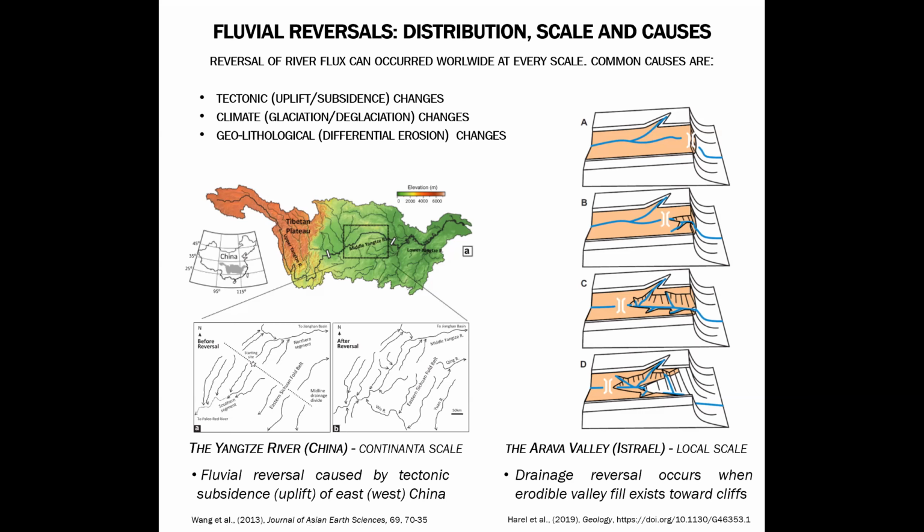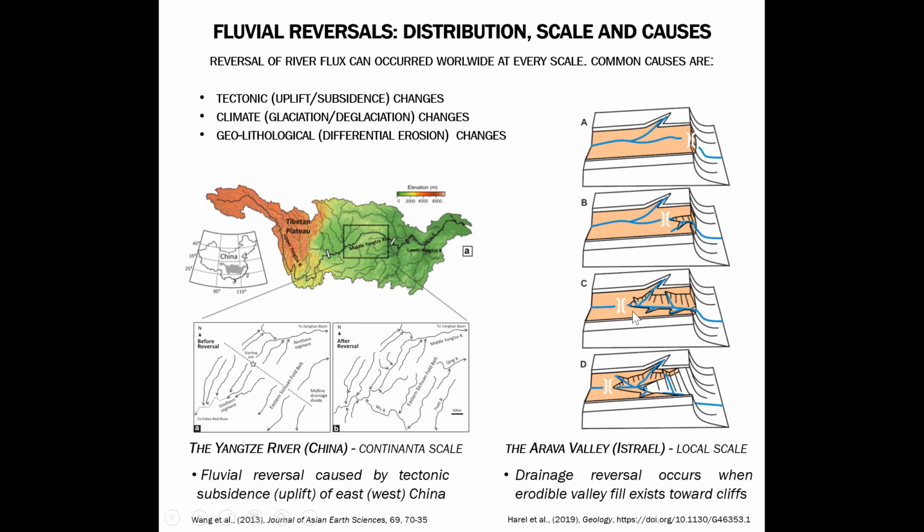Here I show just two representative cases from the literature, to introduce that a reversal of a river can occur at very different scales, in different geographic contexts, and in response to different processes: continental topographic changes driven by continental tectonics, in the example from China, or simply local rock strength variation across cliffs, in the example from Israel.